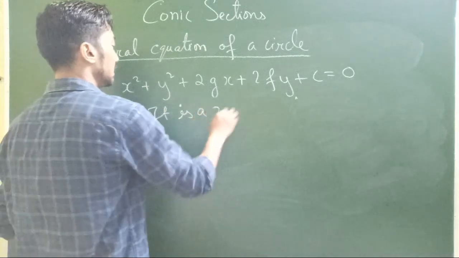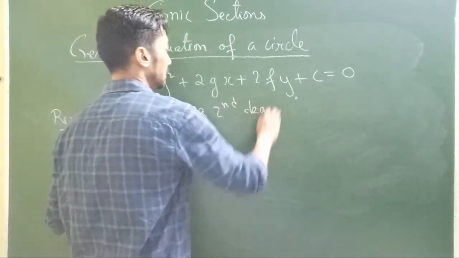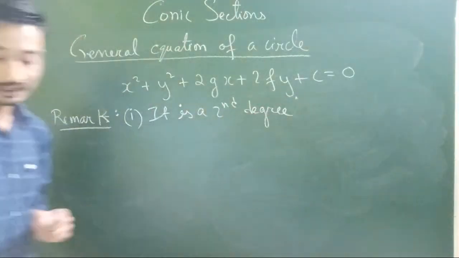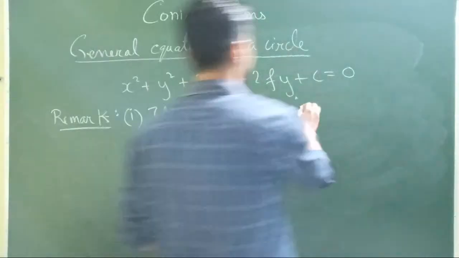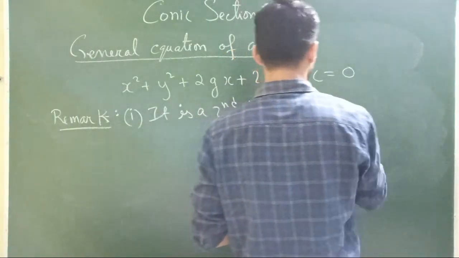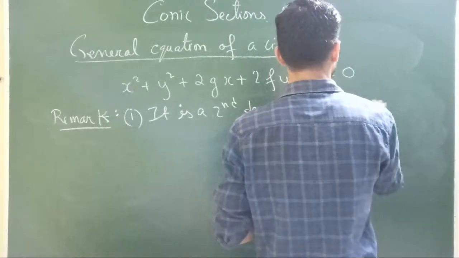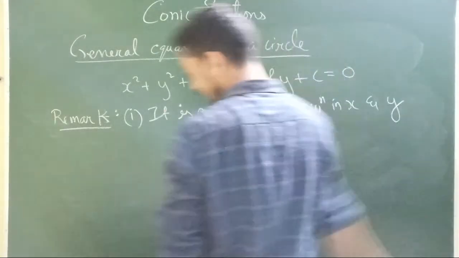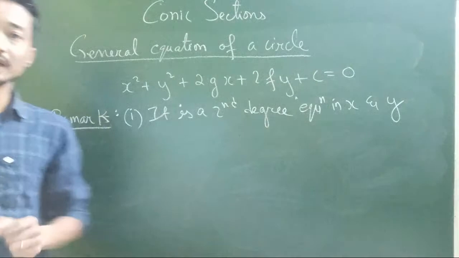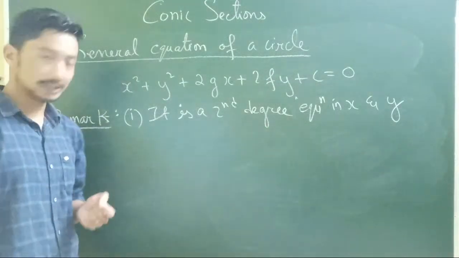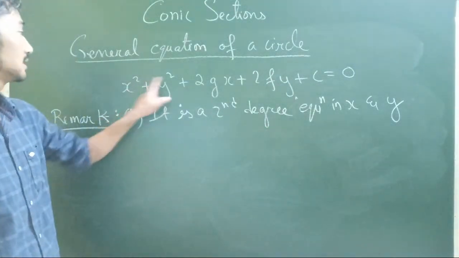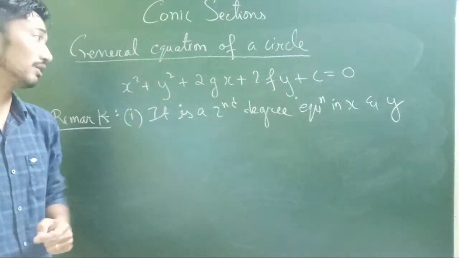It is a second degree equation in x and y. So only a second degree equation in x and y shall represent a circle. You can see that it's second degree, 2, 2. You don't have third degree or fourth degree here.